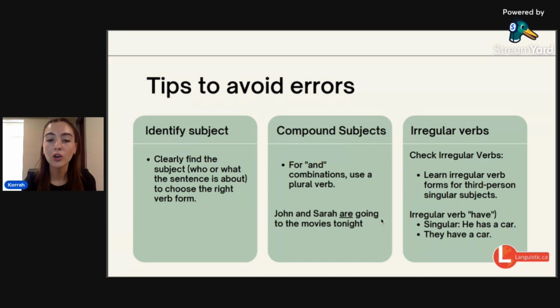So they are going to the movies tonight. Study your irregular verbs and look out for them because obviously it's quite simple when we use regular verbs that we already know and have practiced a lot, but often irregular verbs will come up. So make sure you know your conjugations and study them and remember them.